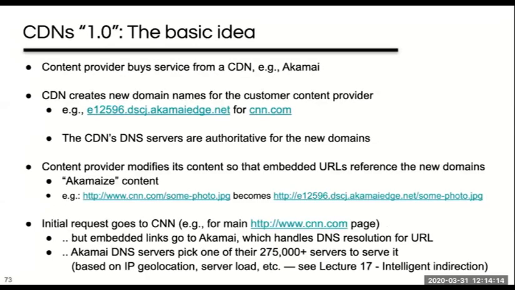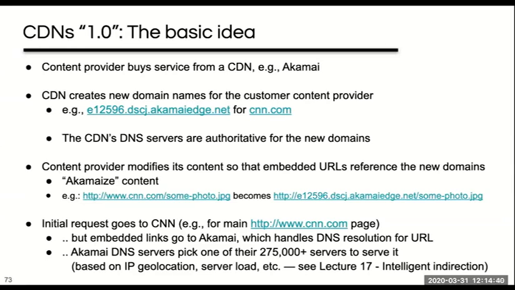And so how it works is a content provider buys service from a CDN like Akamai. The CDN creates new domain names for the customer, like e12596.dscj.akamaiedge.net, which is Akamai's name for CNN's content.